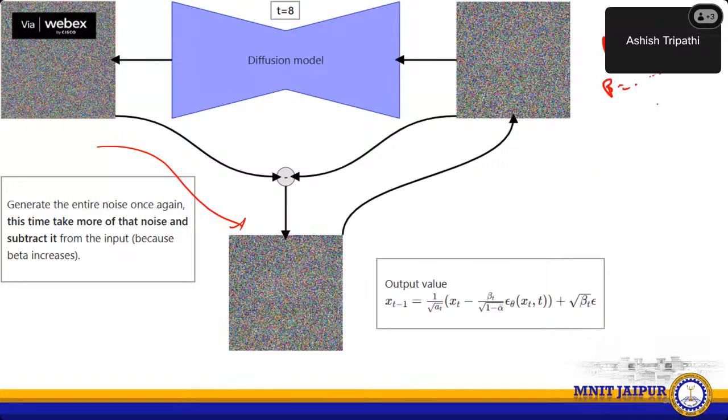That means in the later iterations of the forward process, we have added more noise. So in the reverse process, it is also going to take some time to start retrieving the features, because in the later stages we have added more noise as beta increases. Yes, this is the reason we are getting entire noise on this side.